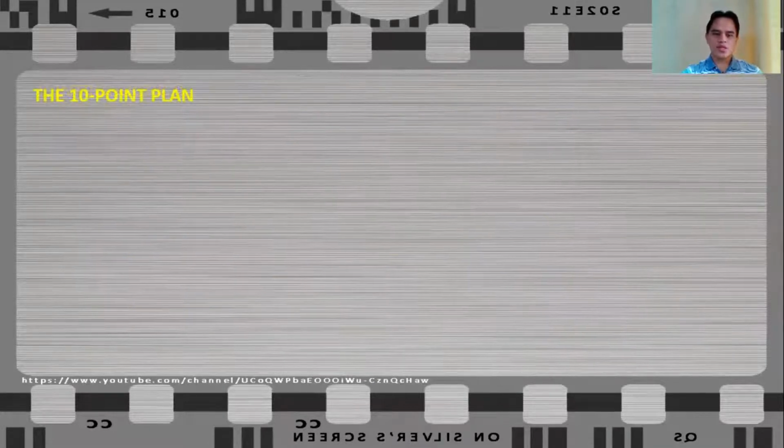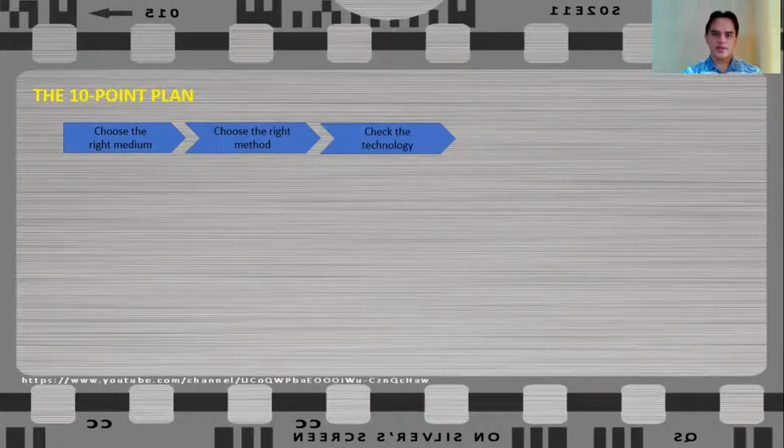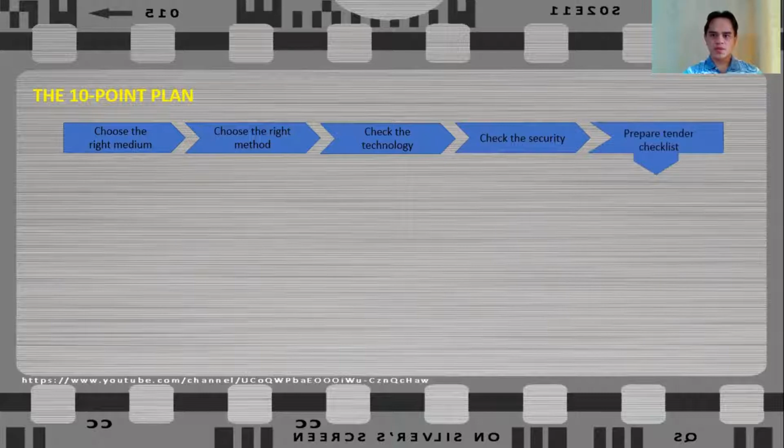The distinct stages of e-tendering are drafted in the following 10-point plan. First, choose the right medium. Then choose the right method to be applied. And choose the technology or check the technology available. Next is check the security issues that may need to be resolved. You also have to prepare the tender checklist.